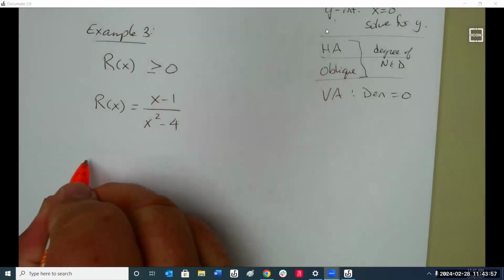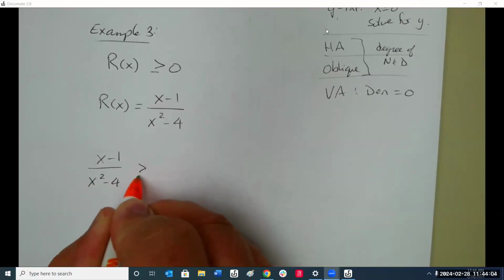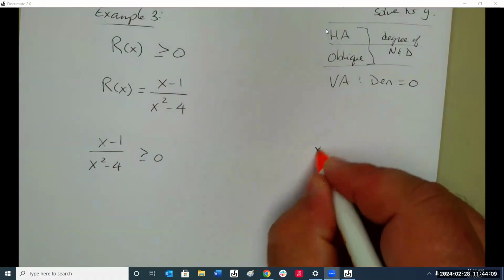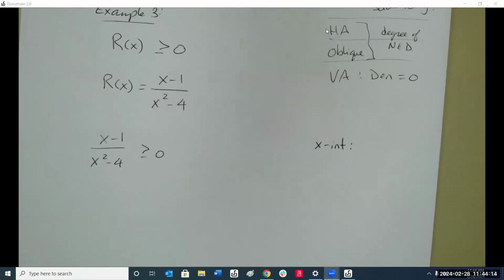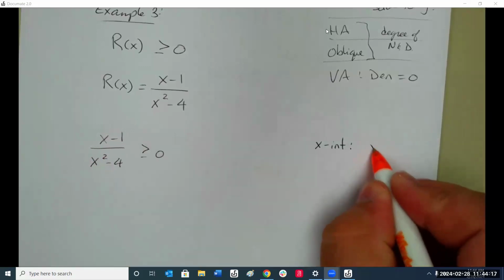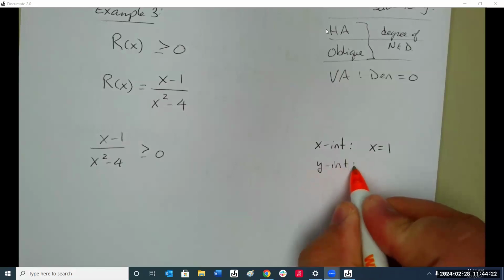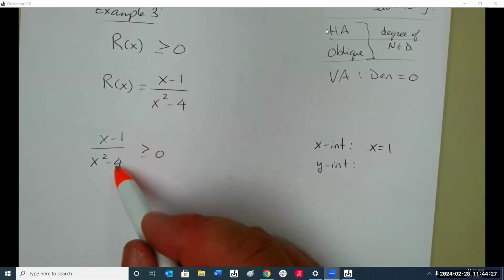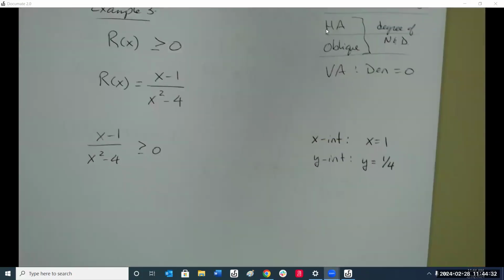Basically we're looking for x minus 1 over x squared minus 4 greater than or equal to 0. So our x-intercept is where? 1. The top equals 0, so x equals 1. Our y-intercept is just a constant, -1 over -4, 1/4.